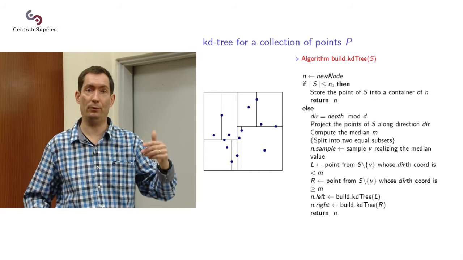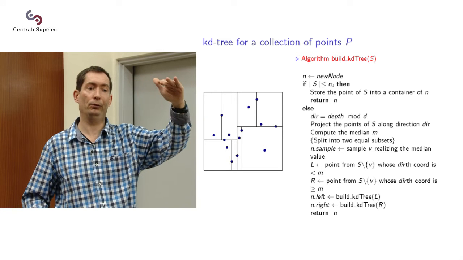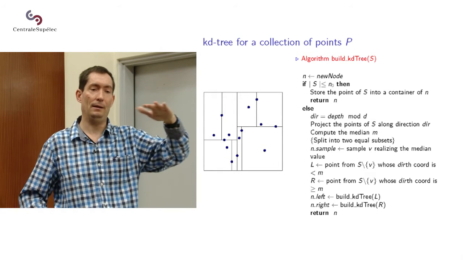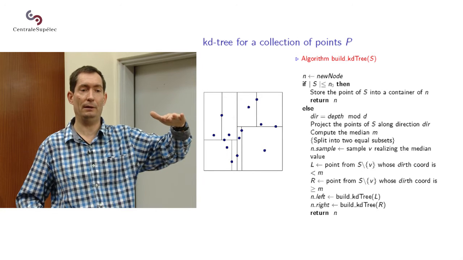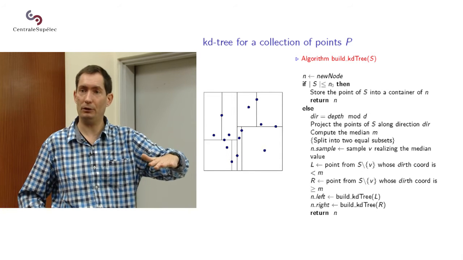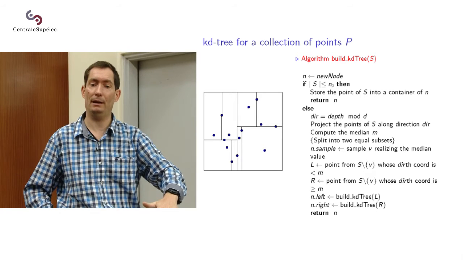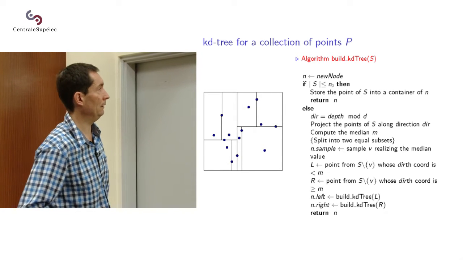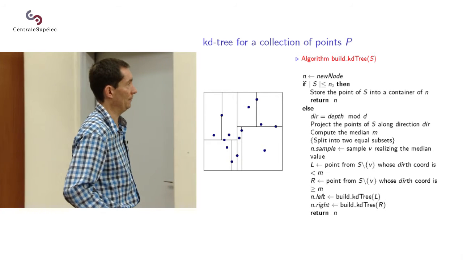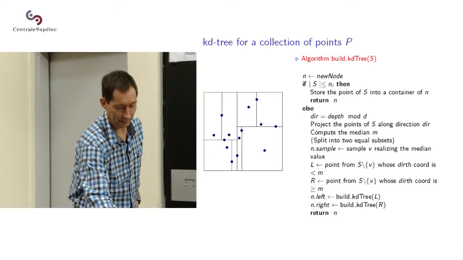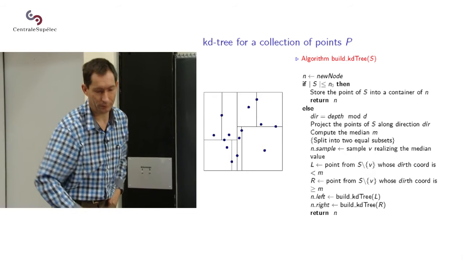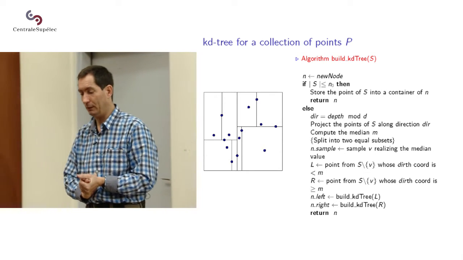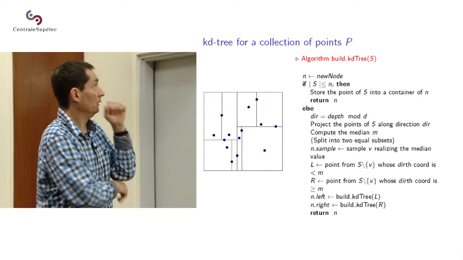So if you're in dimension 3, you split at the root along the x direction, and then at depth 1, you split using the y direction, and then the z direction, and then you iterate along x, y, z, and so on and so forth. So you cyclically visit all coordinates, right? Okay. So this is plainly the construction of a standard KD tree.